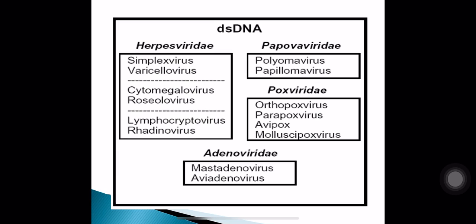And each of these categories has some examples given inside, like papovaviridae have polyoma and papilloma viruses. Poxviridae have orthopox virus, parapox virus, avipox virus, and molluscipox virus. Adenovirus has mastadenovirus and aviadenovirus. Herpes virus has varicella virus, cytomegalovirus, etc.